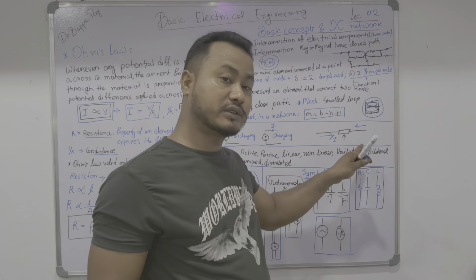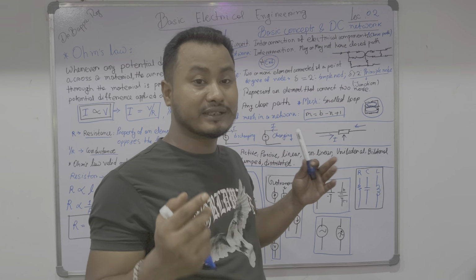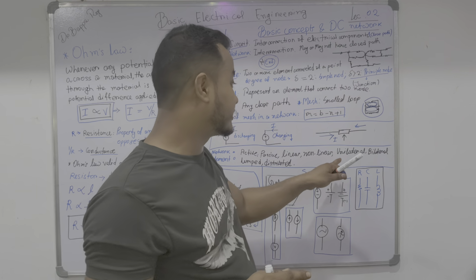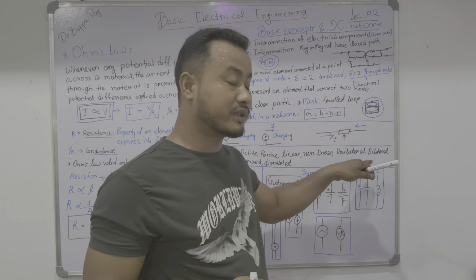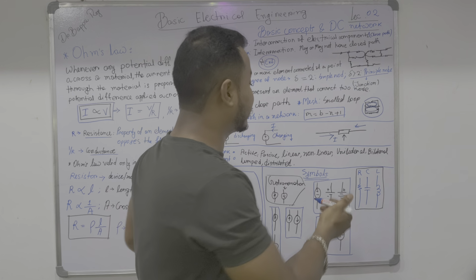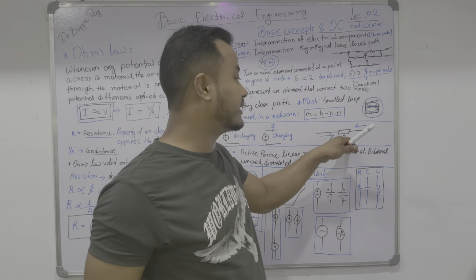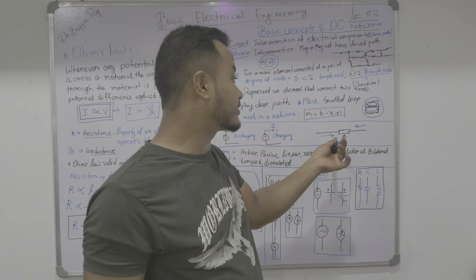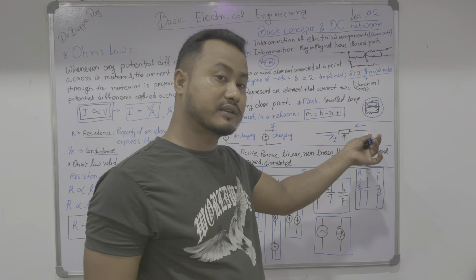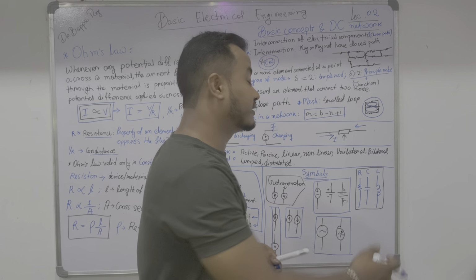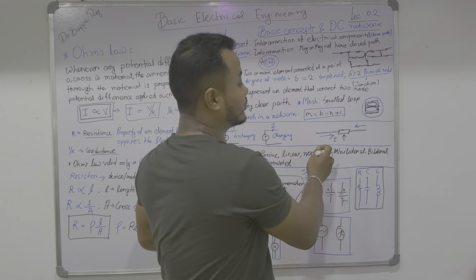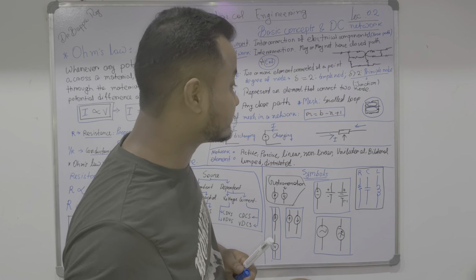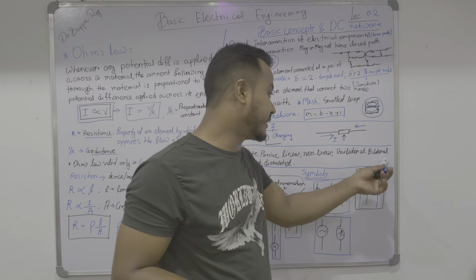If current flows from left to right through the element and the change is not the same when current is supplied from right to left, then it is unilateral.